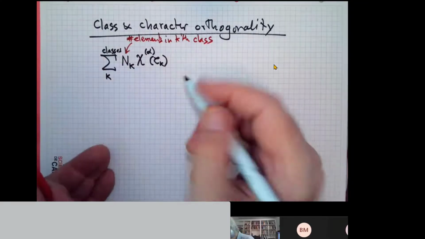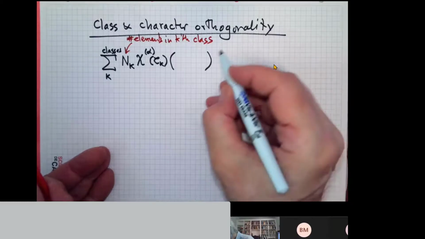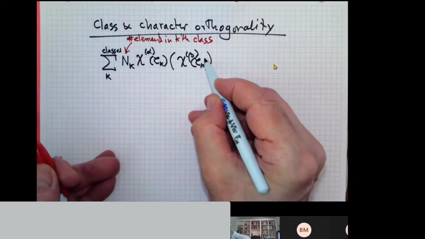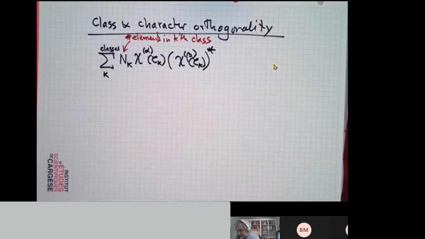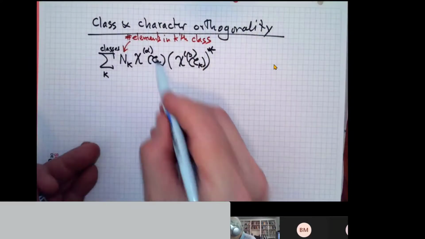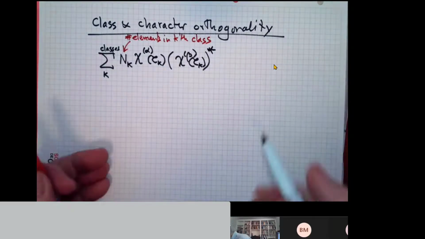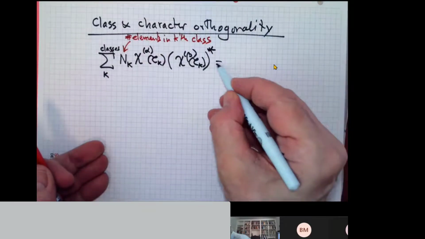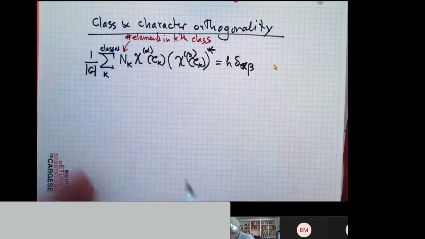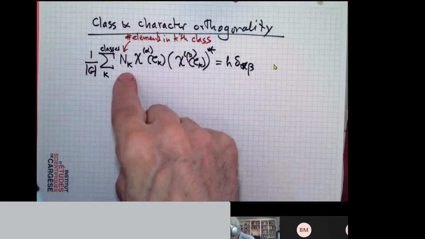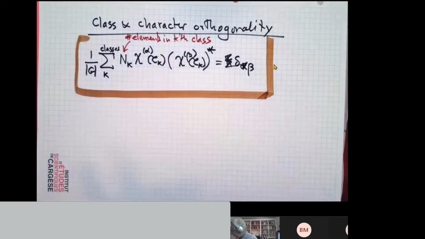And this is just an integer. And you multiply this by the same class, but you have to take a complex conjugate because now it's the class of inverses of this operation. And this funny thing is curly C. This is the compact thing to do. You average over the group, but you weight by the number of elements in a class. This is really all we'll need.